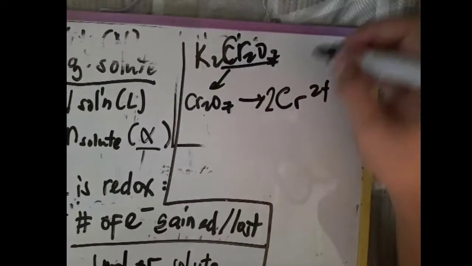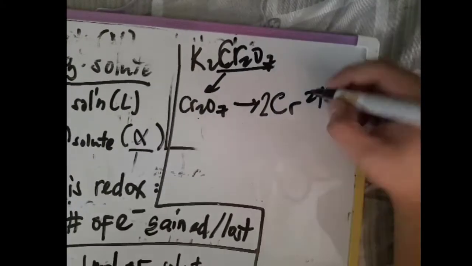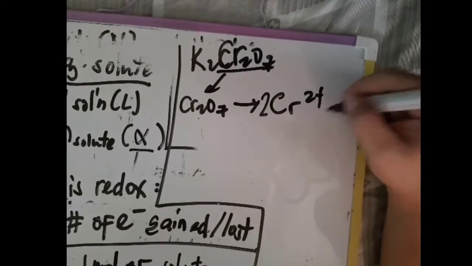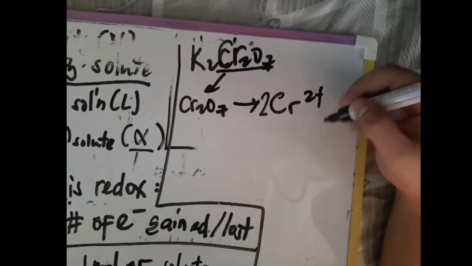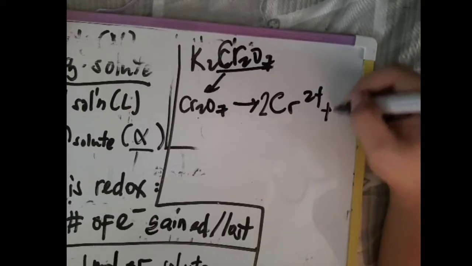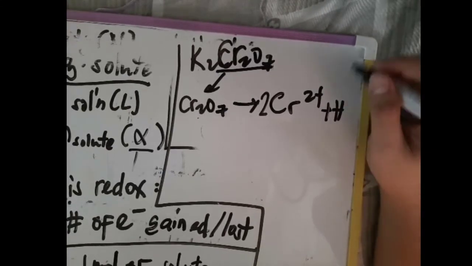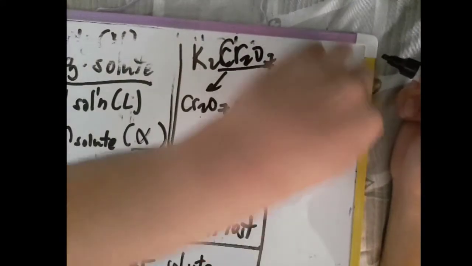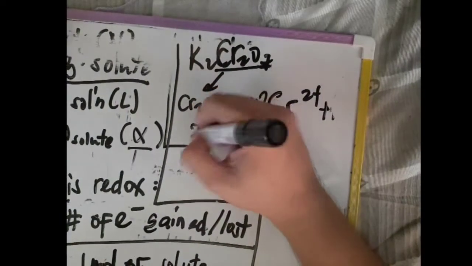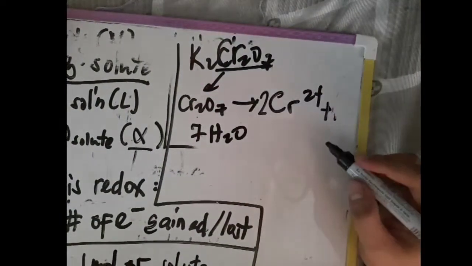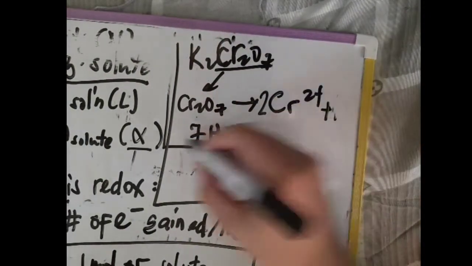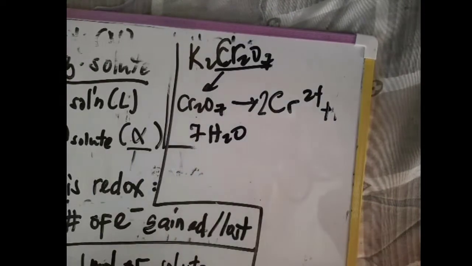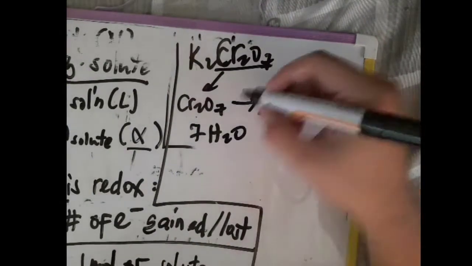Then after that, we balance the number of oxygens on both sides by adding water molecules. Since there are 7 oxygen atoms here, we need to add 7 water molecules. Then we balance the number of hydrogens on both sides of the equation by adding H plus.